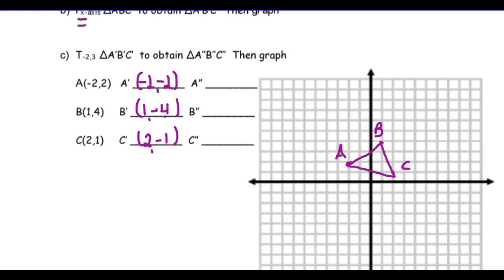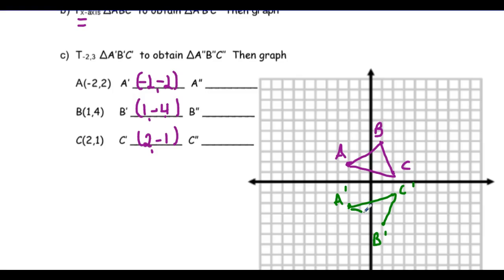So I'll graph these. Let's do that in green. And make sure you label, that's A prime, B prime, and C prime. Carefully connect them.